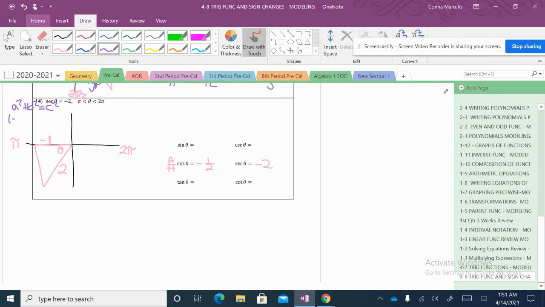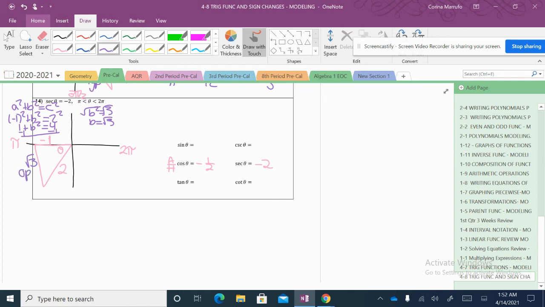So we have -1 squared plus b squared equals 2 squared. Okay, this gives me 1 plus b squared equals 4. We subtract the 1, and we get b squared equals 3. We take the square root, and since we're leaving it in simplest radical form, we need to leave it as a square root of 3.